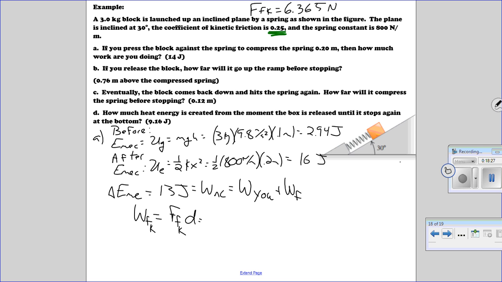So our force of friction is 6.365 newtons up the hill, and our displacement is negative 0.2 meters because it's down the hill. And so you end up getting negative 1.273 joules.